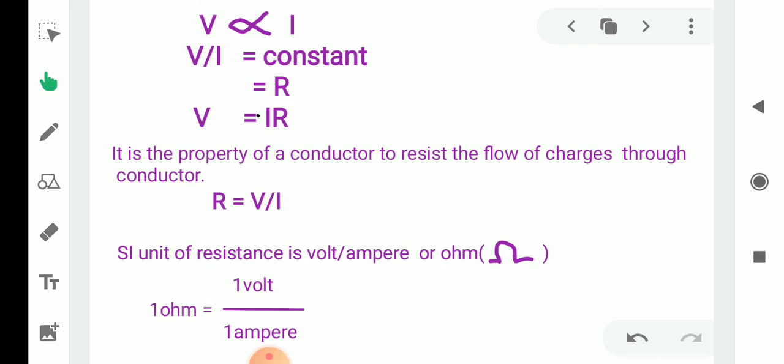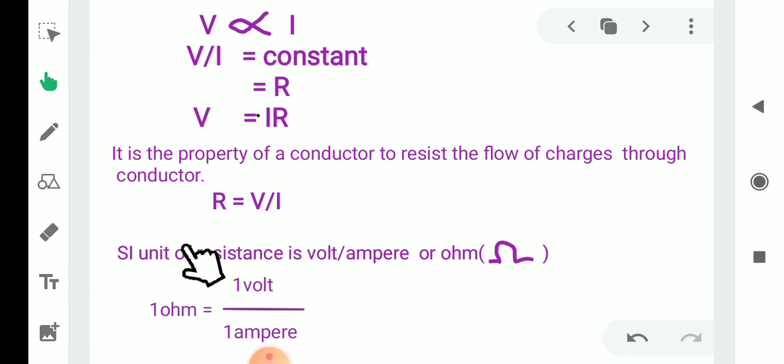So resistance R is equal to V divided by I, where I is in the denominator. Now what is the SI unit of resistance? V is potential difference, whose SI unit is volt, and I is electric current, whose unit is ampere.